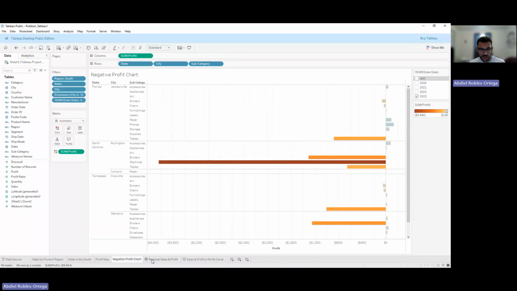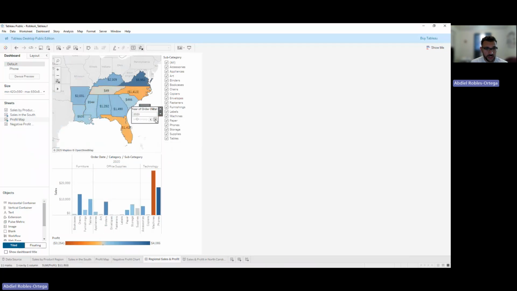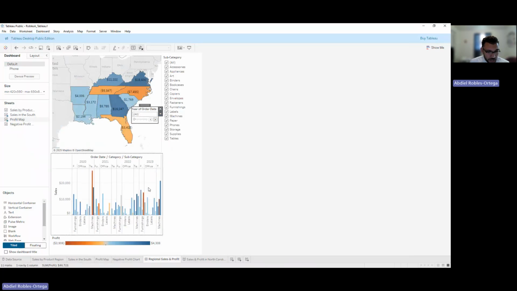Moving on to the regional sales and profit sheet. Here again, by moving through the years, we can see which states have seen the highest amount of profit and the negative profit. If we move down here, we have a bar graph demonstrating what we have seen earlier.